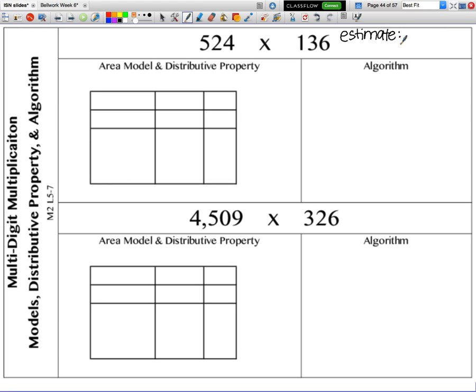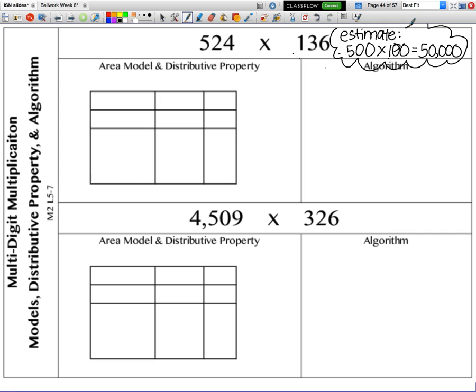So I'm going to go ahead and say that 524 is about 500 times 136 is about 100. And I know I multiply my digits first, so 5 times 1 is just 5, and there are 1, 2, 3, 4 zeros, so I'm going to add those on there, bringing my estimate to 50,000.